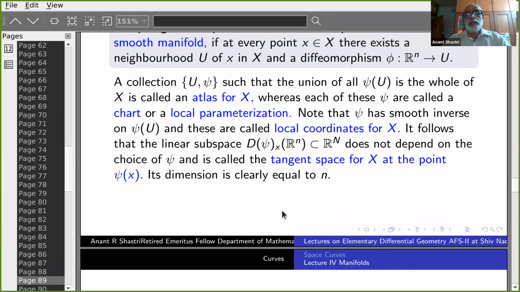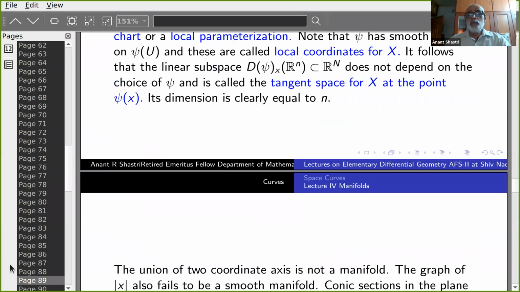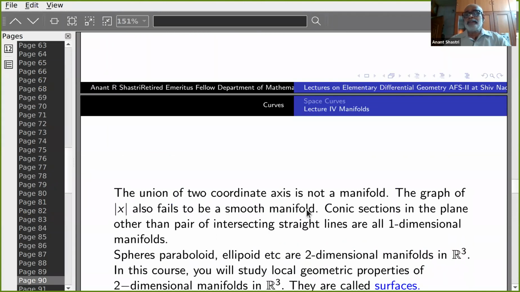The union of two coordinate axes, x-axis and y-axis, is not a manifold. So I give you an example of what kind of things are excluded now. Why is it not a manifold? Because look at the origin.